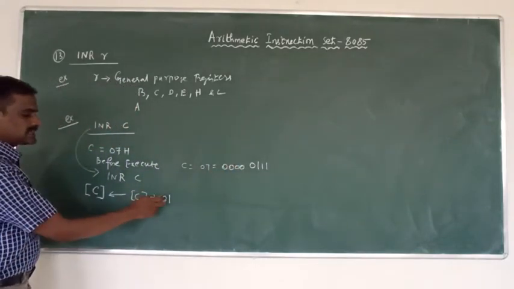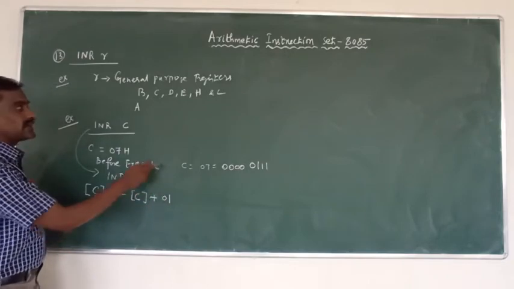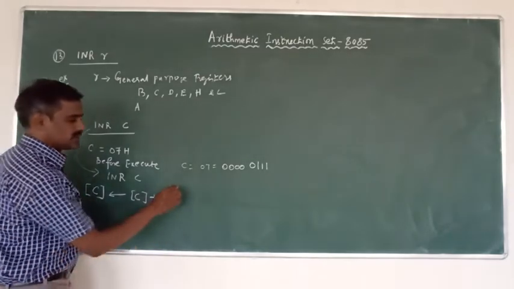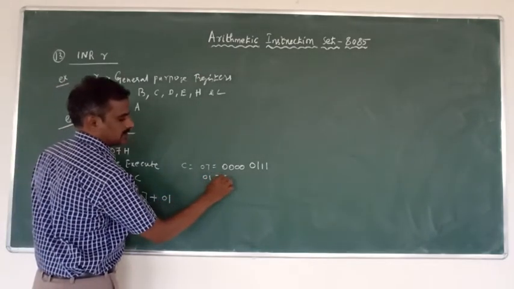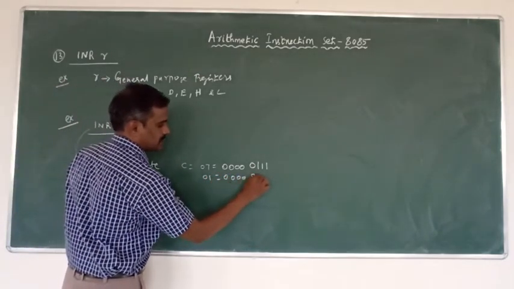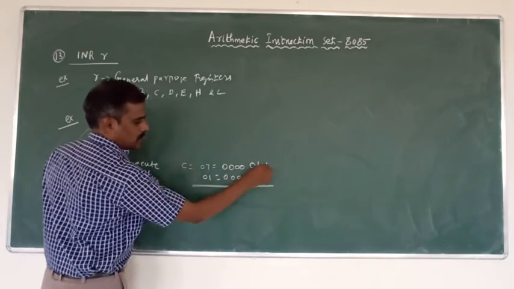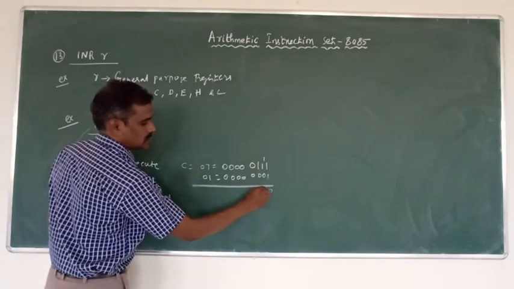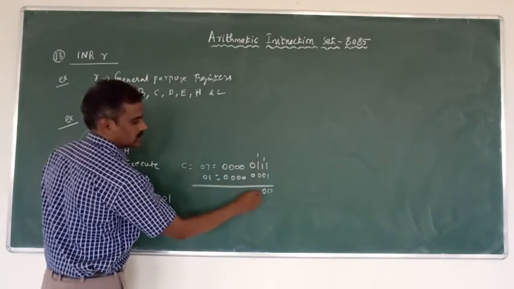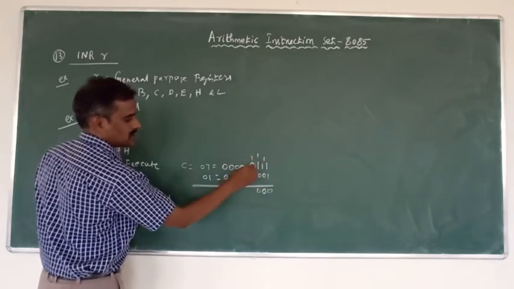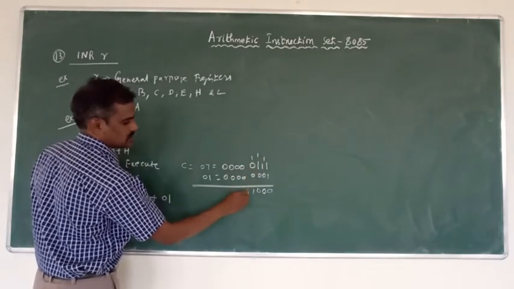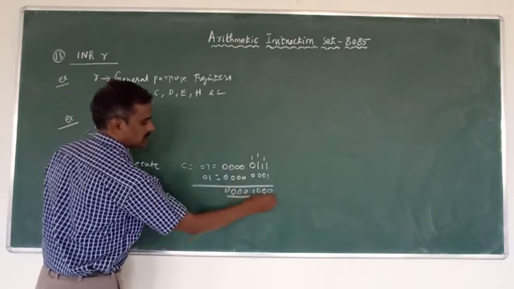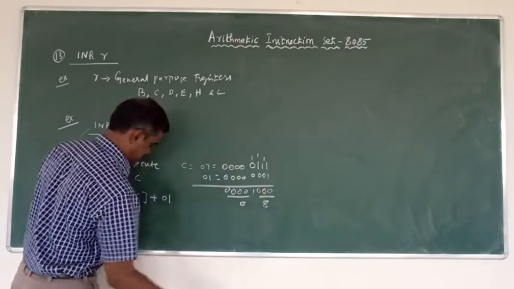Next, add with 01. Increment means we have to add 01 to the register content. Adding 00000111 and 00000001 gives 00001000. Now the result is 08.